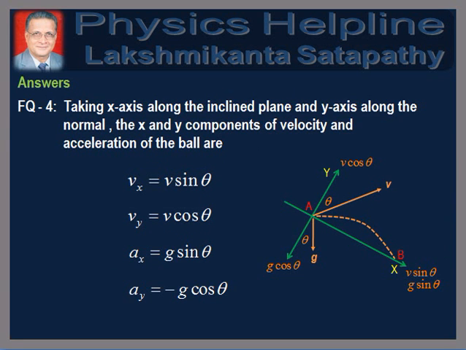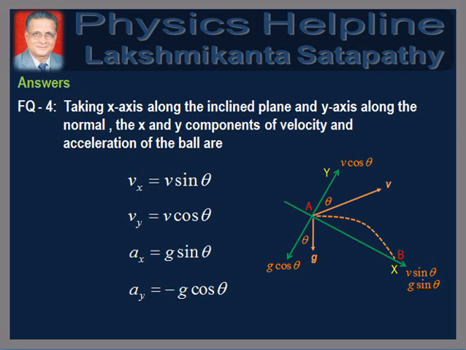To answer fundamental question 4, we note that the velocity v of the ball makes angle 90 minus theta with the x-axis, which is along the inclined plane, and acceleration due to gravity is vertically downward.